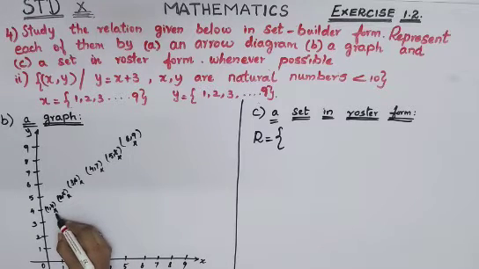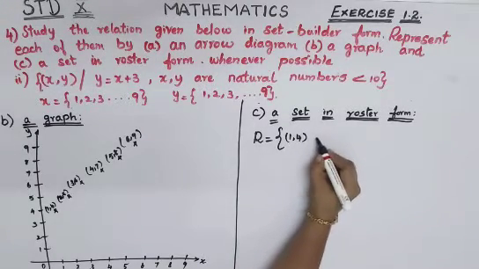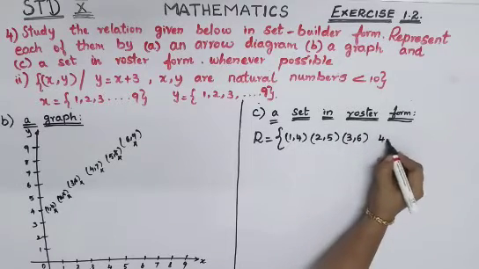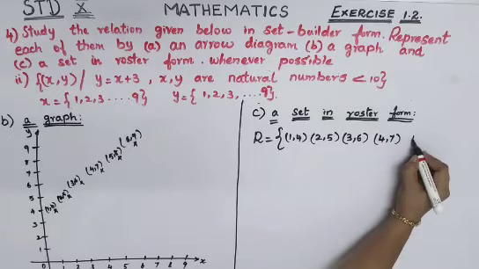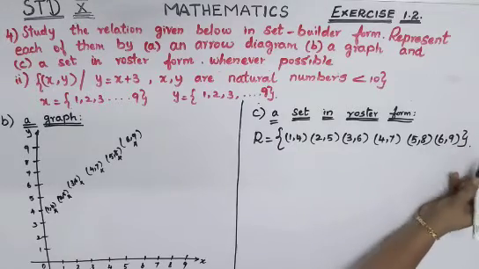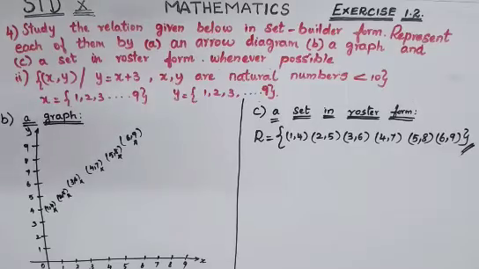Straight away from here you can write it, otherwise what you have found before, from there also you can write it. It is (1, 4), (2, 5), (3, 6), (4, 7), (5, 8), (6, 9). So this is the answer for your fourth question, second subdivision.